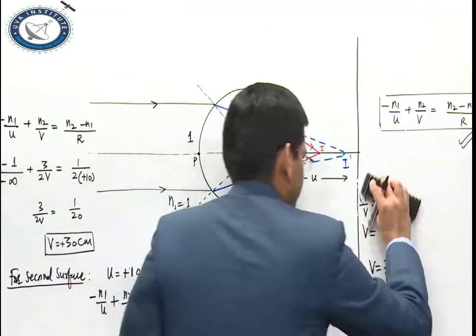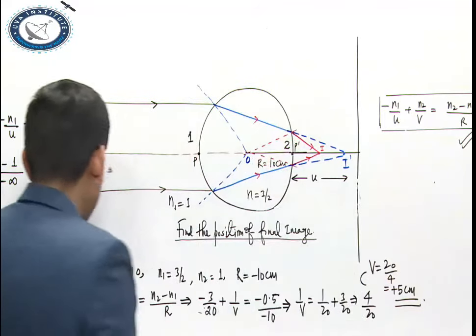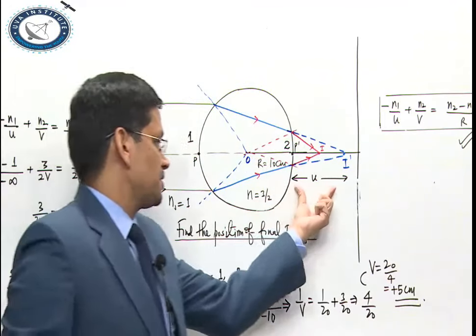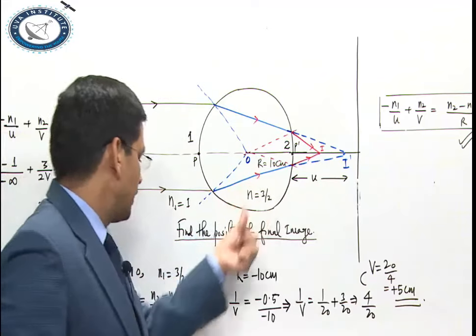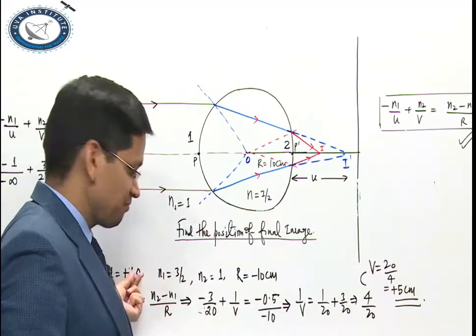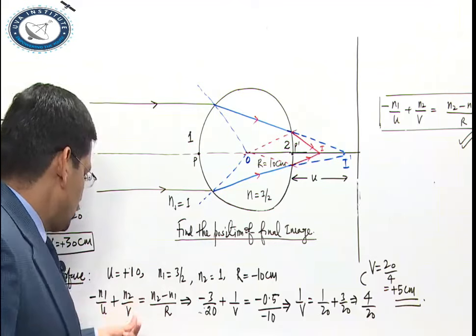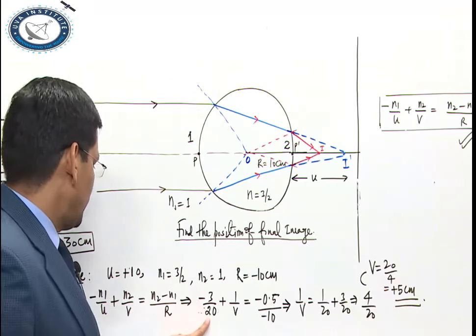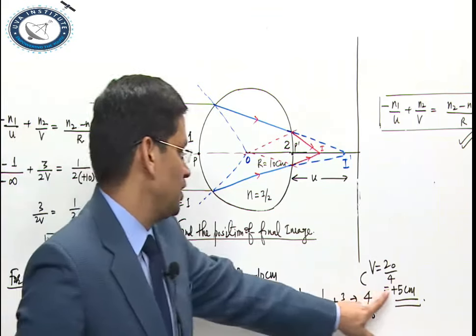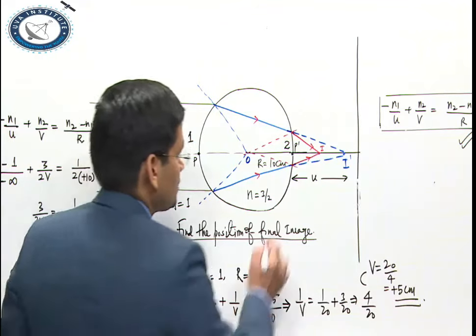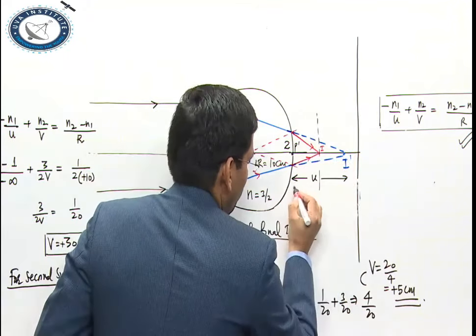So, I am erasing it. Correct it, u is plus 10, n1 is 3 by 2, excuse me for this. So, minus n1 by u plus n2 by v, so this is minus 3 by 20 plus 1 by v is this, so v is equal to plus 5 centimeters, and this is plus 5 centimeters from point P dash.